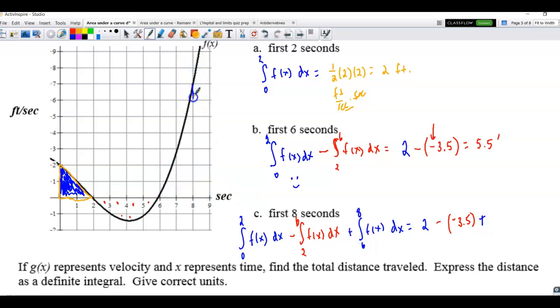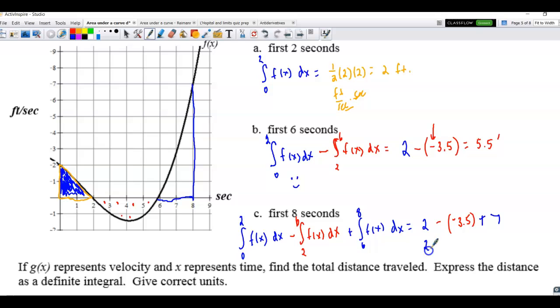So to me it looks like another triangle, so 6 to 8, 1/2 base times height, so that's 2. How tall is that? To 7, 2 times 7 is 14, half of 14 is 7.